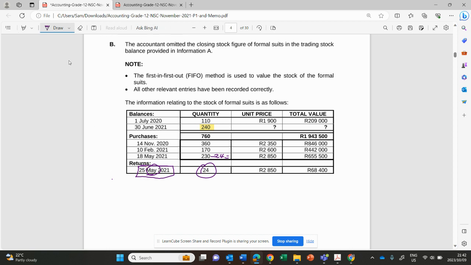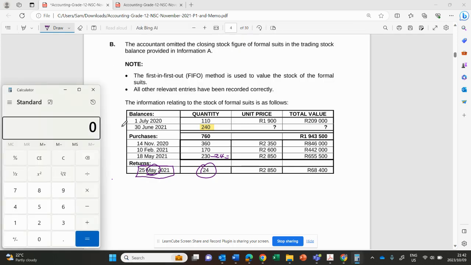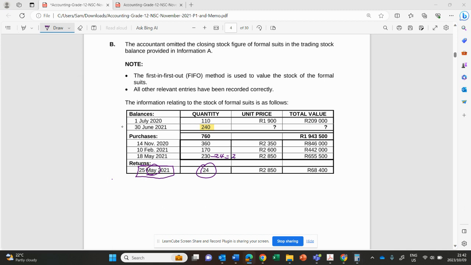That way, when we calculate the closing stock, we don't calculate on the wrong units. So you say 230 minus 24, and we have 206 units left.